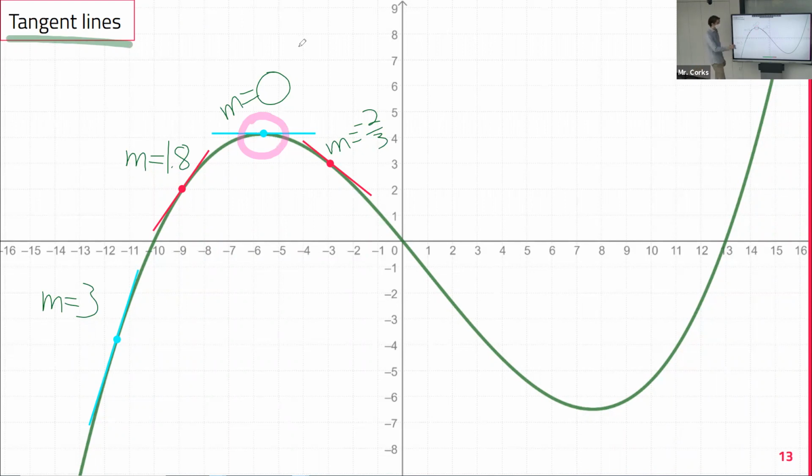Well, the way we do that is we draw a straight line that touches the curve at only one point, like this.